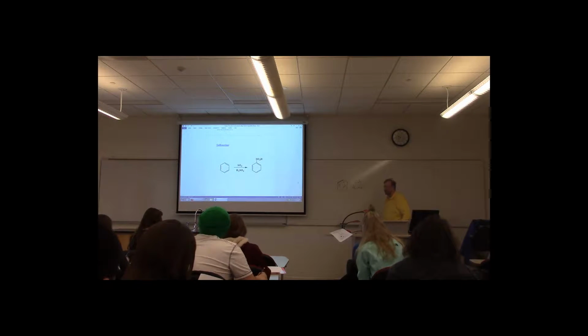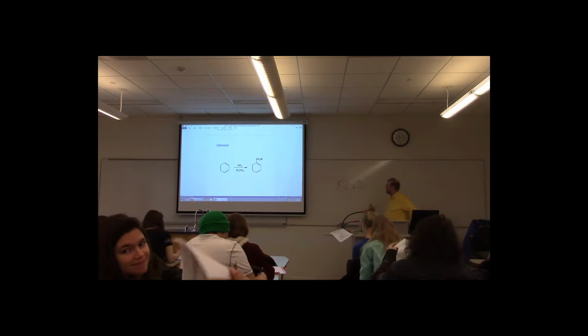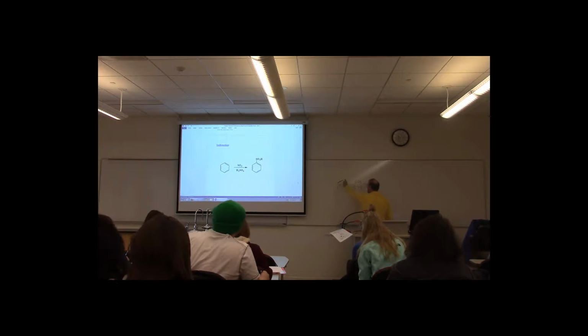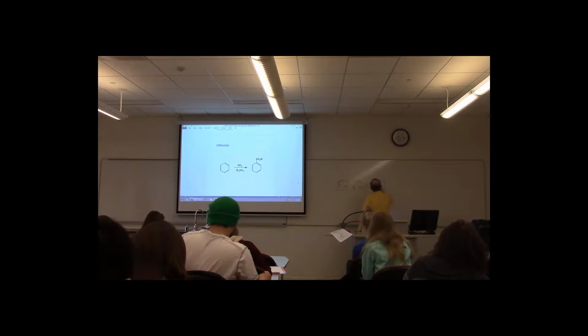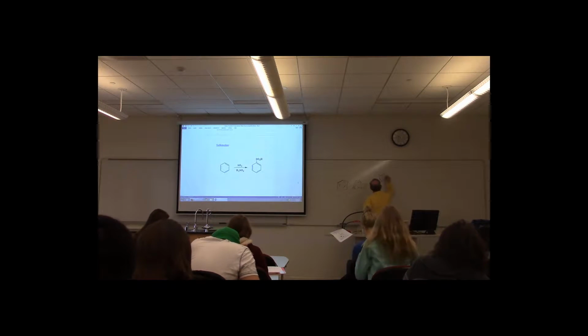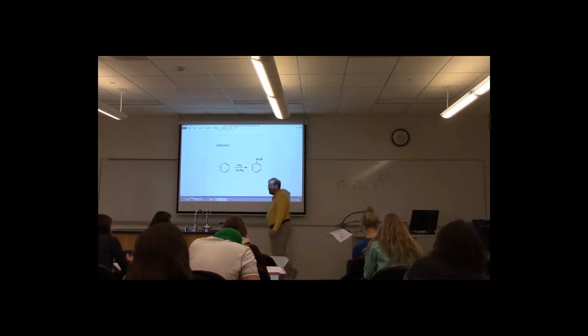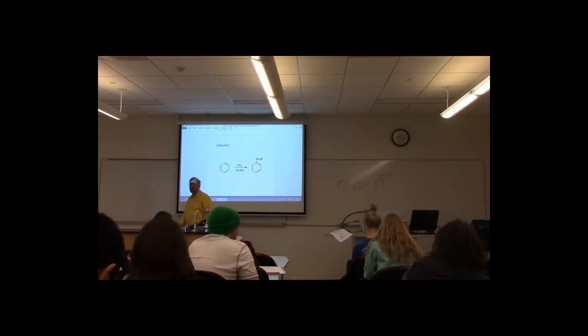Remember, all reactions are substitution reactions. You replace or substitute one of the hydrogens on the benzene ring with a sulfonic acid group, and that's the only reaction I can ask you on a test.